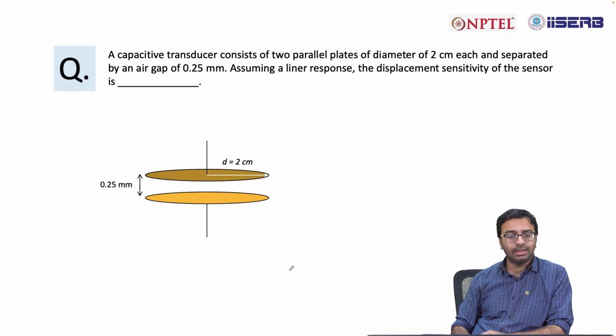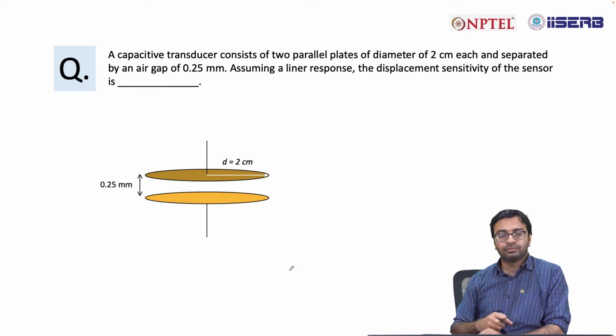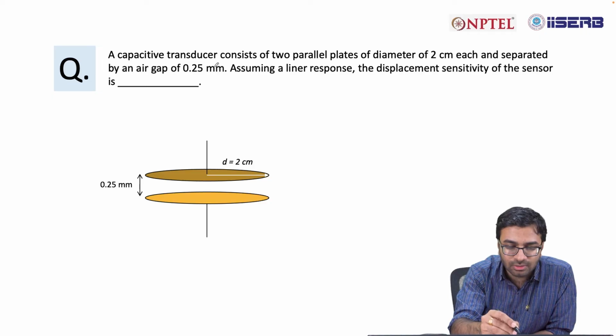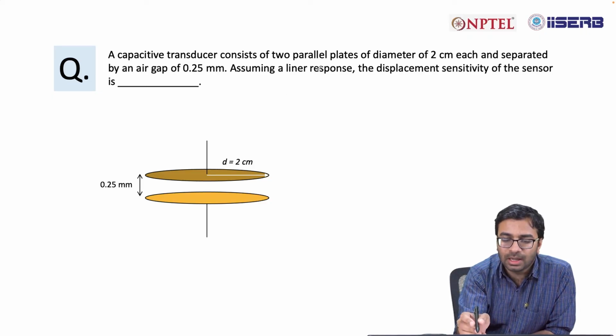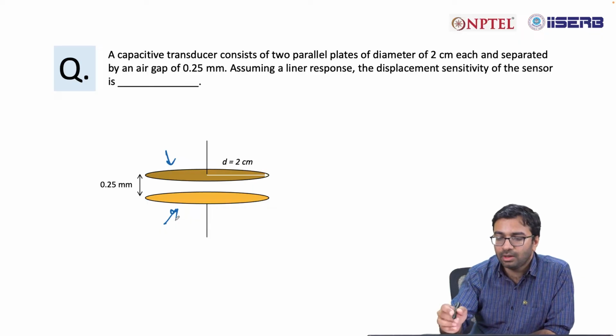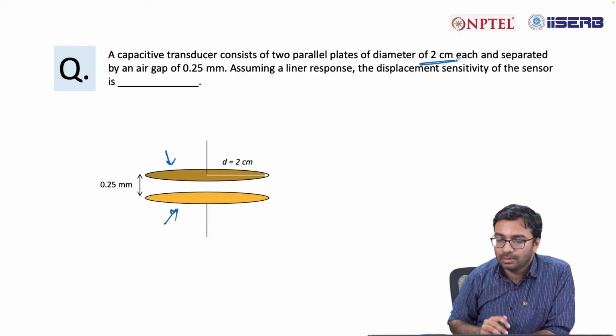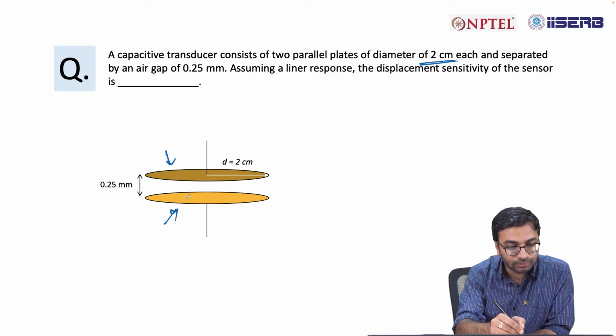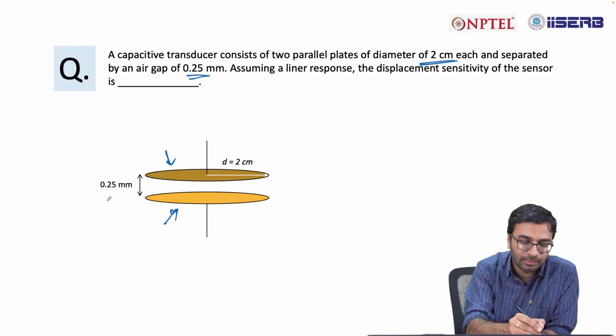Similarly, you can take another problem where a capacitive transducer consists of two parallel plates as shown over here, and the diameter of the plate is 2 cm, and the gap between these two plates is 0.25 mm as it is shown over here.